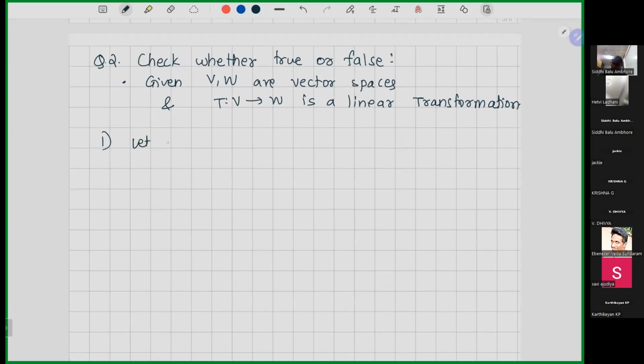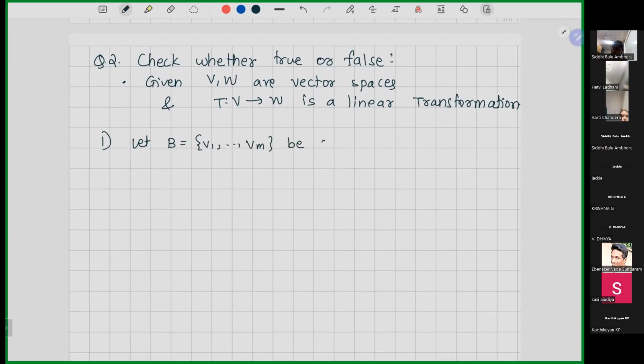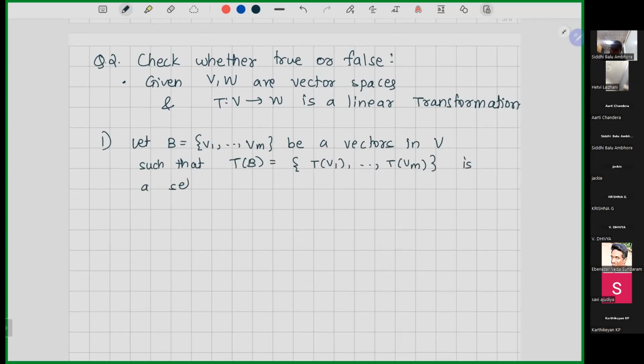Now the first statement: B is the set of vectors v1 to vm in V, but TB, the set of corresponding images Tv1 to Tvm, is a set of m linearly independent vectors.